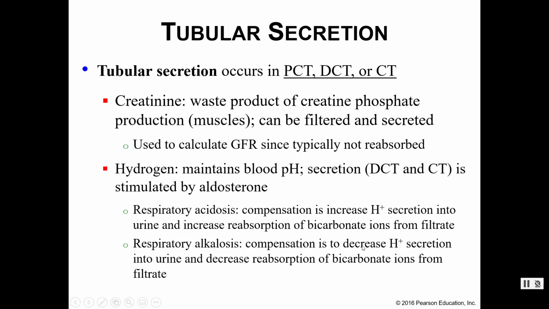We are going to decrease hydrogen ion secretion, so we are not going to get rid of as much acid, and we are going to decrease reabsorption of bicarbonate, so we're not going to keep around as much base, because we already have a base problem. So that will fix our alkalosis. So respiratory acidosis, what's the fix? It's metabolic alkalosis. If you have a respiratory alkalosis, what's the fix? It's a metabolic acidosis.